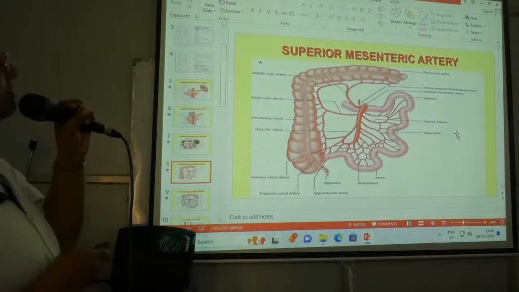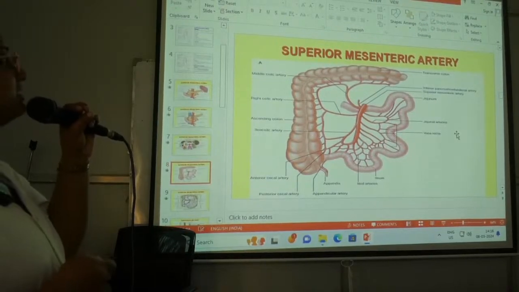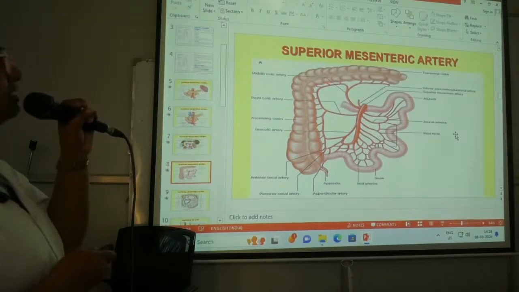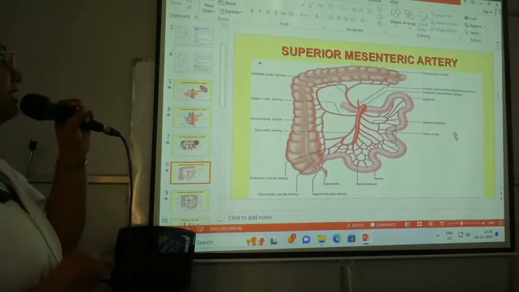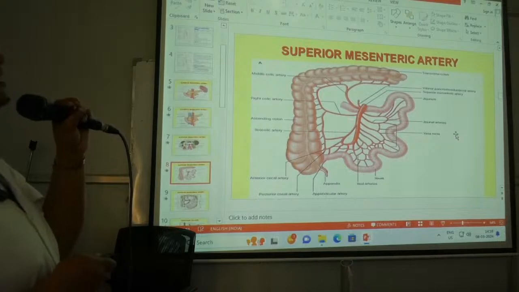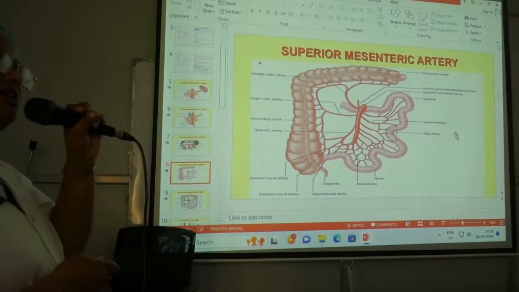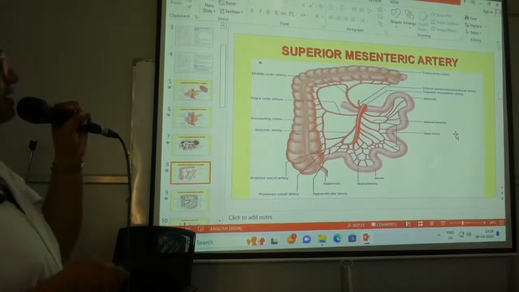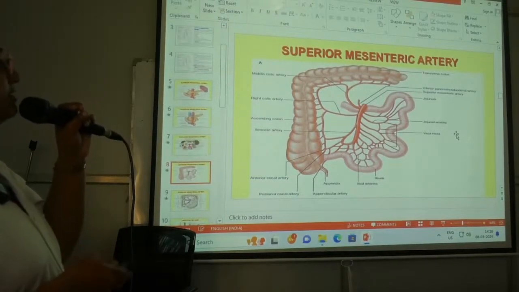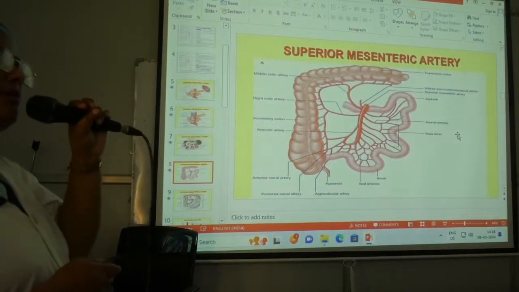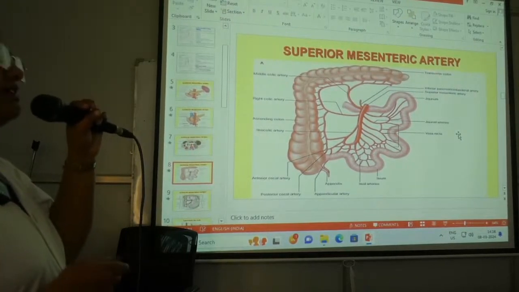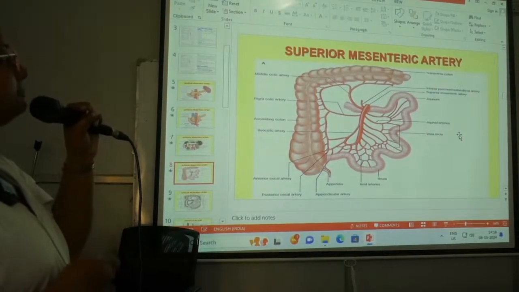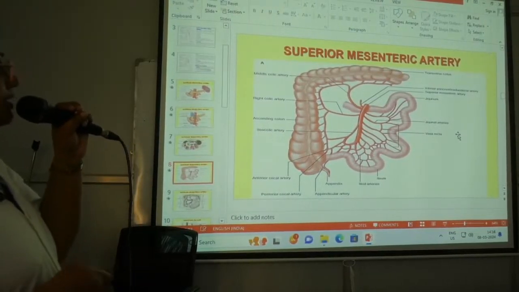The right colic artery divides into ascending and descending branches. The ascending branch anastomoses with the right branch of the middle colic, and the descending branch anastomoses with the ascending branch of this ileocolic artery. So all these arteries together form an anastomosis, that is known as the marginal artery of Drummond. And from this marginal artery, these are the vasa recta. These are going to supply the colon.